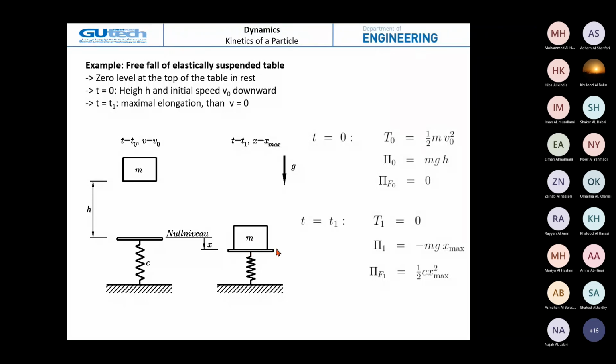In this case, P1, the potential energy of the mass m, will be minus mg x max. X max is only the elongation of the spring, which means it covered a certain distance x here. Now the potential energy of the spring, as defined before, is half of c, the spring coefficient, multiplied by x max squared.